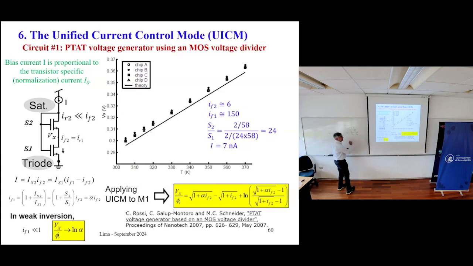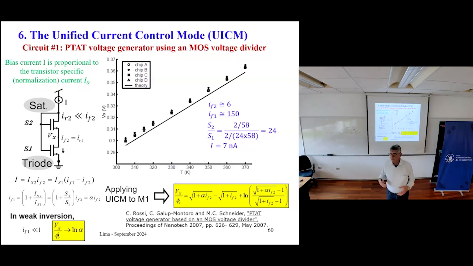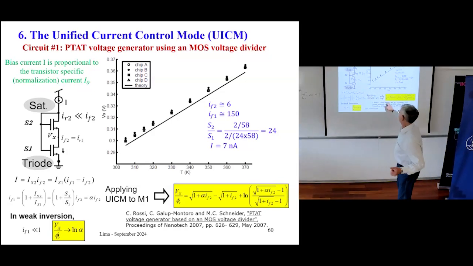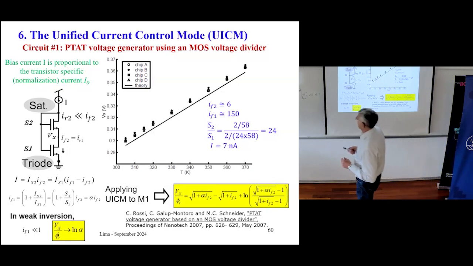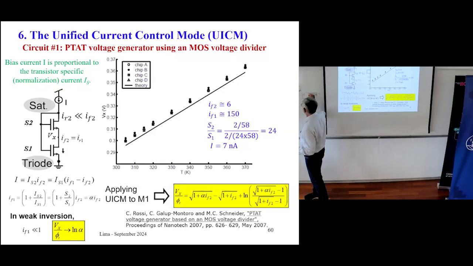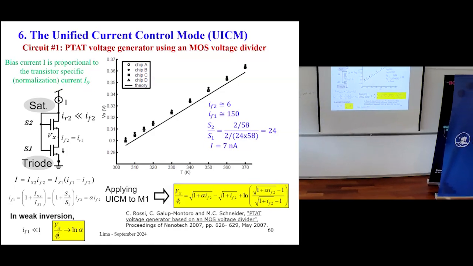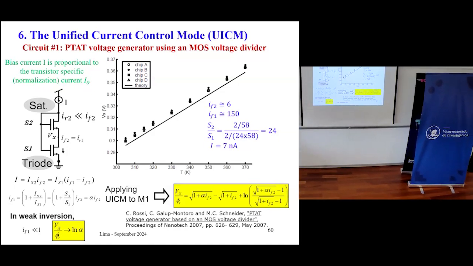If this term is proportional to this one, this IF2 is independent of T. Suppose that all this number is not a function of T, it is a constant with temperature. Then we have a Vx which is this term times a constant term which is independent of temperature. So we are able to generate a specific current which is proportional to the specific current.